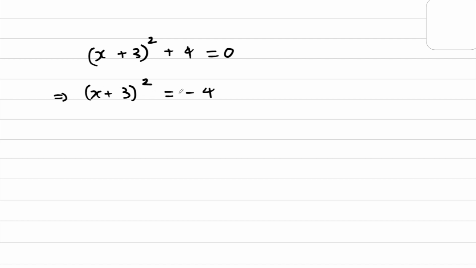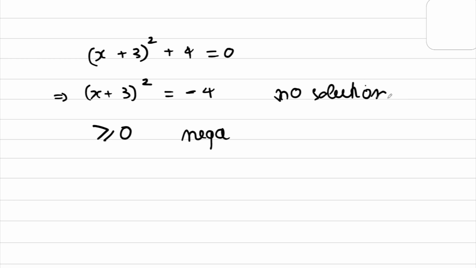You have a square equal to a negative number. This one is a negative number. This one is a square, which means greater than or equal to 0. One side always has a value greater than or equal to 0, and the other side equals a negative number, so they cannot have a solution. That's why this has no solution, because this perfect square is less than 0.